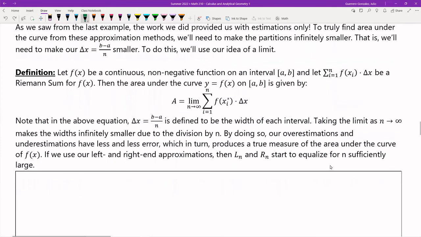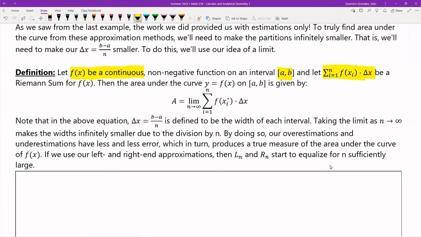Okay, so then that's the next definition. Let's say you had an f of x to be a continuous non-negative function. For now, we're going to play around with non-negative, so your whole function has to be positive, on an interval a b, and we're going to let this thing be one of those Riemann sums from above.